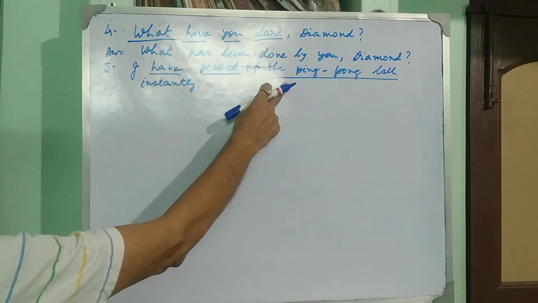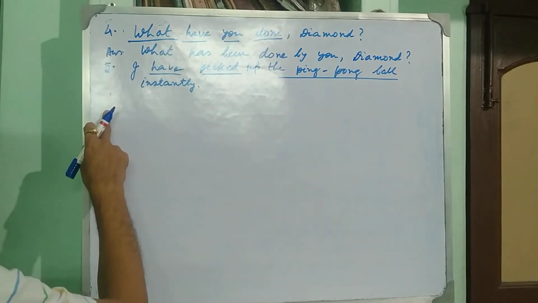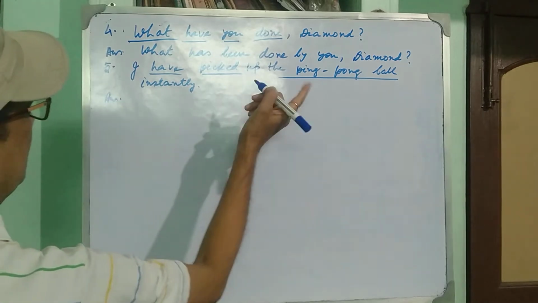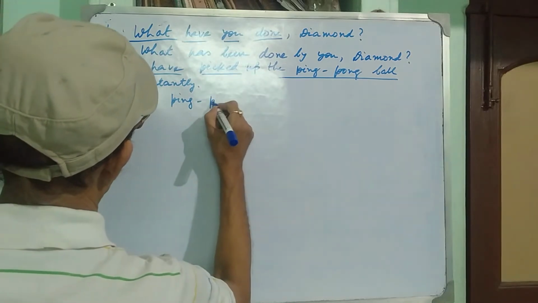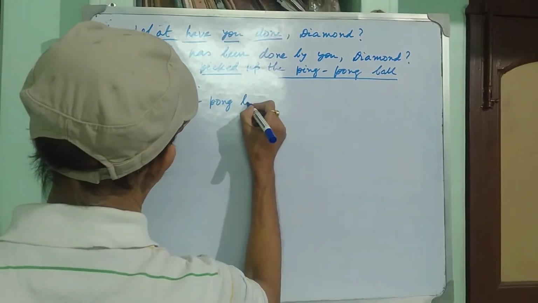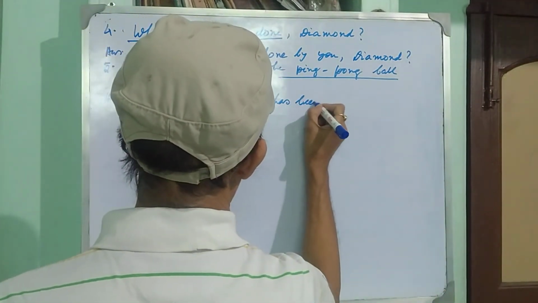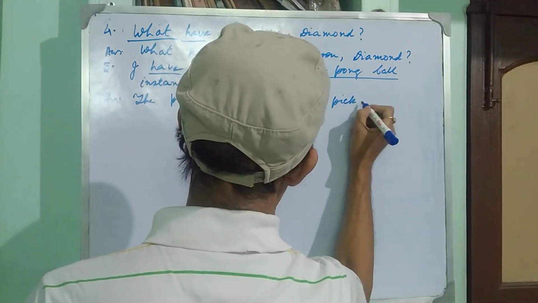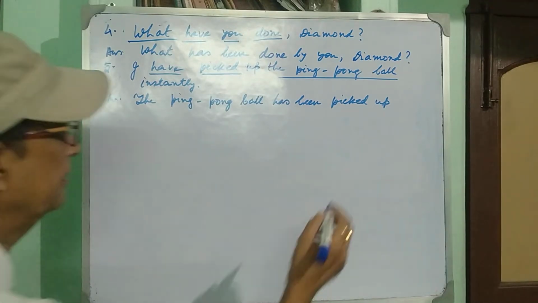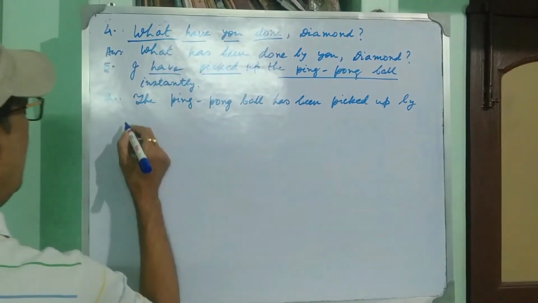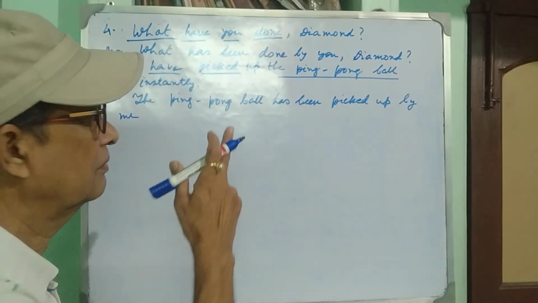So let us take this object and transfer it to the place of the subject. Answer: The ping pong ball has been picked up by me. I is the subject and here it becomes the object of the preposition.